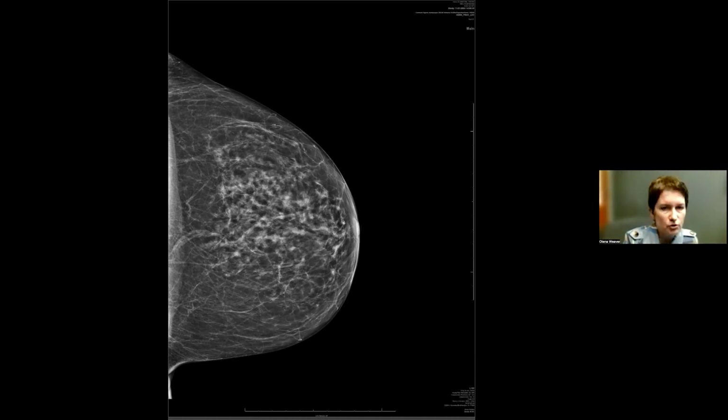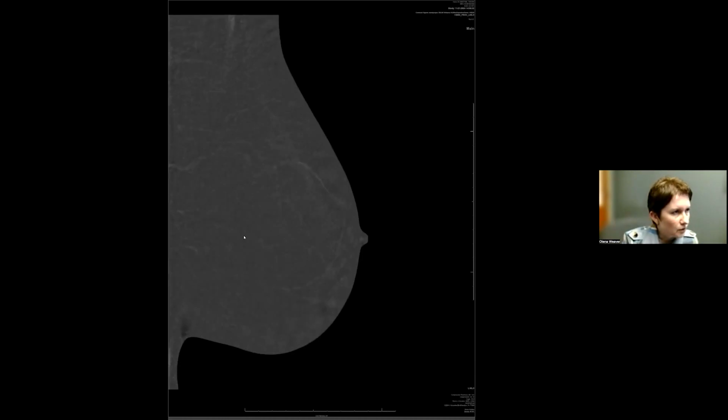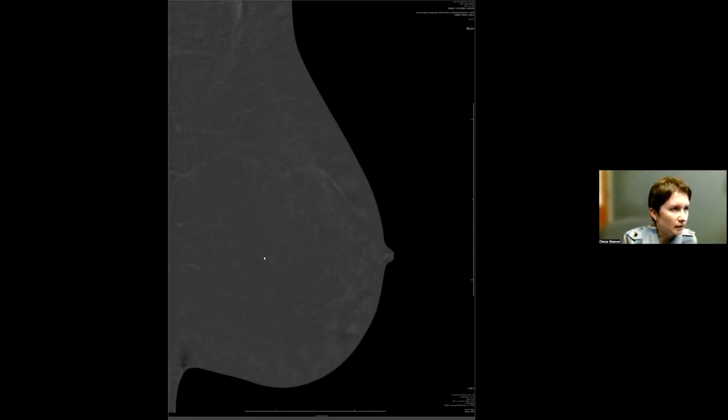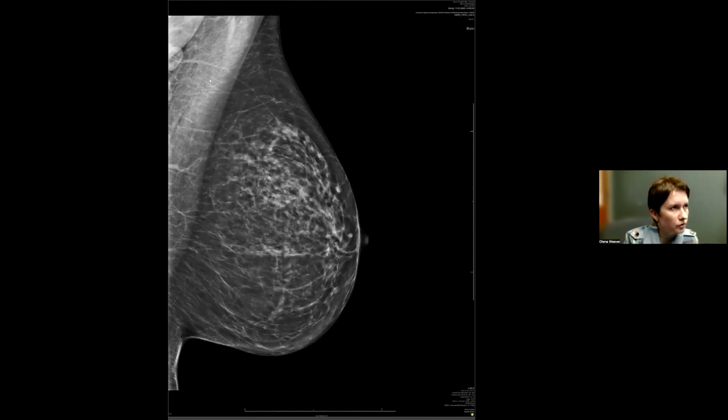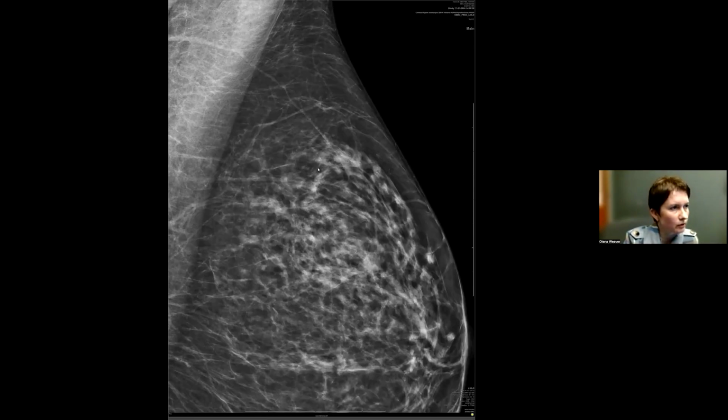So that was motion. And the other artifact I wanted to point out is very subtle. You may see these vertical light and dark alternating lines, especially in the upper breast in this MLO view. This is a grid artifact, and it's possible to have a grid artifact only on recombined images and not on low energy images, because if you see the low energy image, there's nothing there.